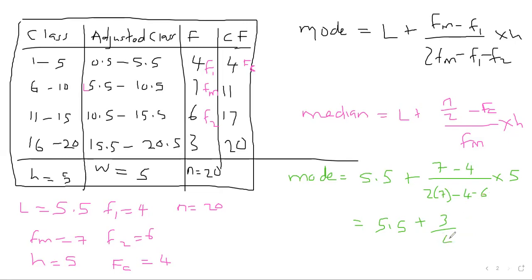So this is 4, and this is 5. Don't touch this until you rectify the issues here. 3 times 5 is 15, divided by 4 is 3.75. 3.75 plus 5.5 gives 9.25.